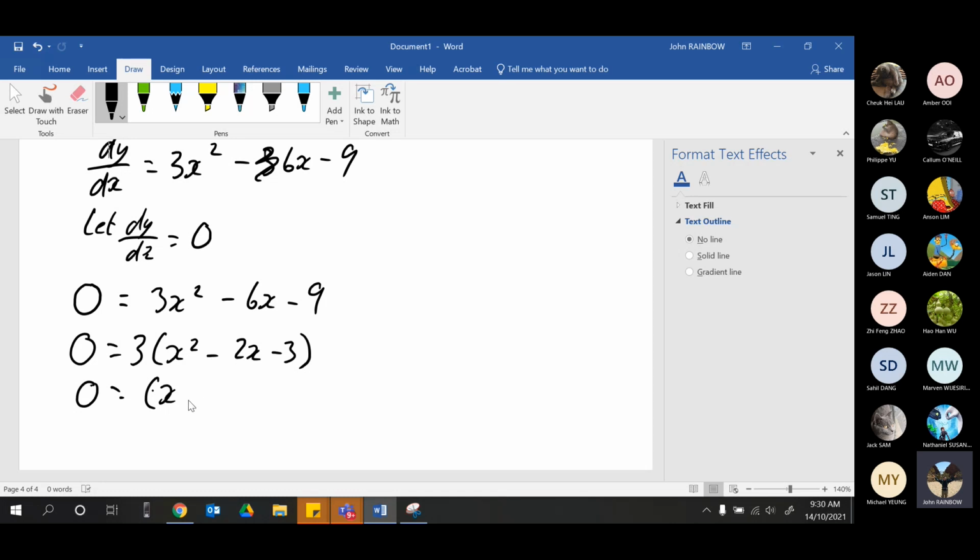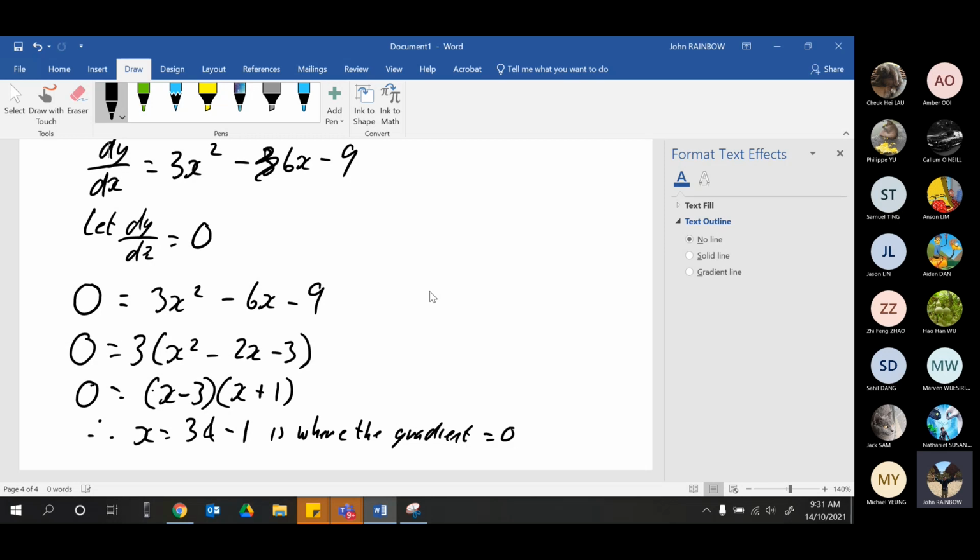Minus 3 plus 1. Therefore, x equals 3 and -1 is where the gradient equals 0.